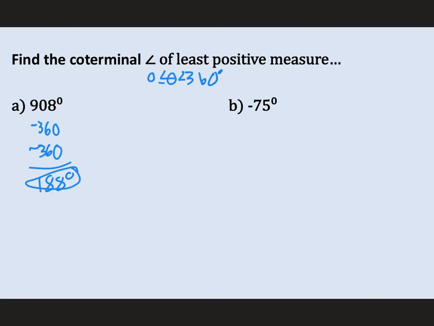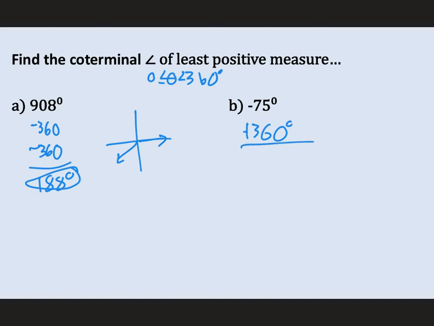So 908 and 188 are at the same position. So if we were to draw that, it would be somewhere over here in quadrant 3. But they're the same position, they're just differing by 2 orders of 360. Negative 75, same idea, except this time instead of subtracting 360, since we're negative, we're going to add 360 degrees.